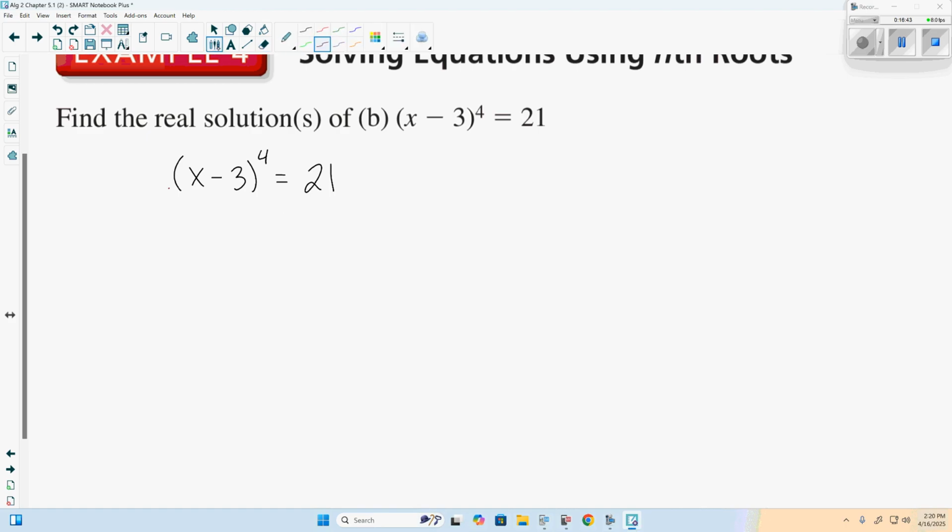Yeah. So we can take the nth root of both sides, and our root in this case would be 4. Because here the root and power would cancel, leaving us with x minus 3. Now, did we take an even root or an odd root? Even. So we have how many solutions? Because if we take an even root, we have 2 real solutions.